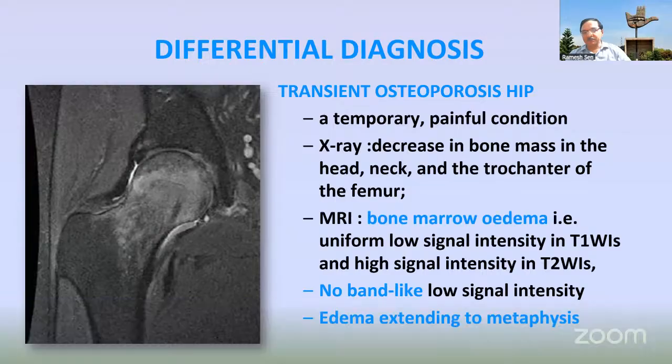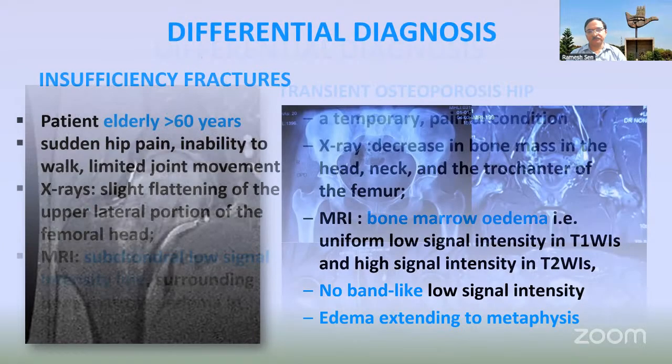But we must be careful to differentiate this condition from a very near diagnosis of transient osteoporosis, which clinically may not be very different. An MRI also is likely to show edema, but this edema does extend more into the metaphyseal area also. The difference is that this is a self-restricting disease, which is likely to settle down on its own after a few months.